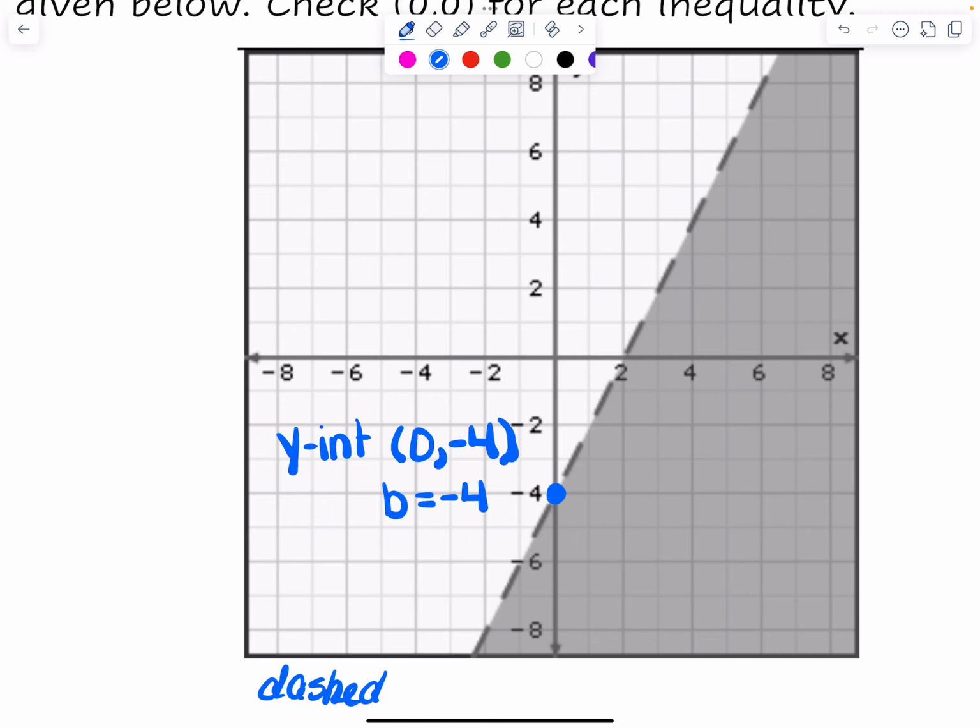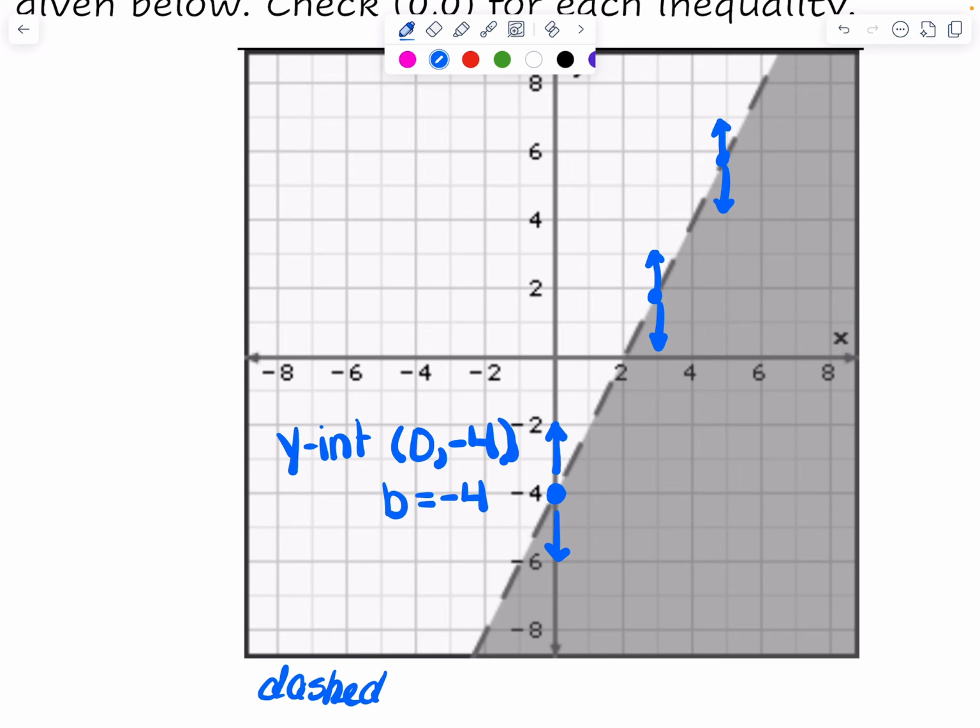All right, now the next thing I want to look for is the shading. Is it shading above or below the y-intercept? So if I was looking here and drew a down arrow or an up arrow from that point, really, I could do that from any point on the line, okay? Any point. Is it shaded above or is it shaded below?